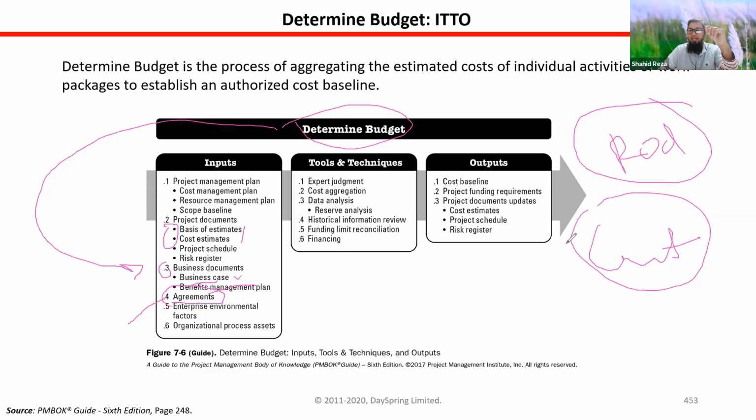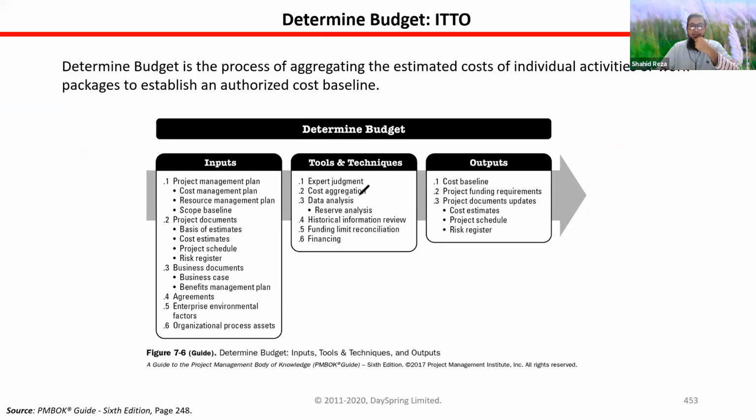So if there is any agreement with any vendor related to resource or material, from their agreement, from their contract, you will get the cost value of those materials, those resources. So those costs you need to add here to find out the cost baseline or the final budget of the project.